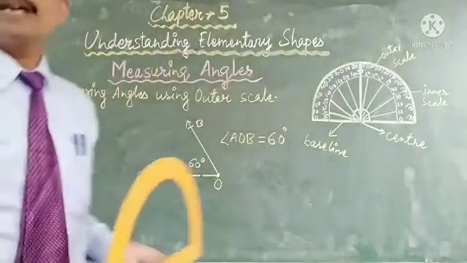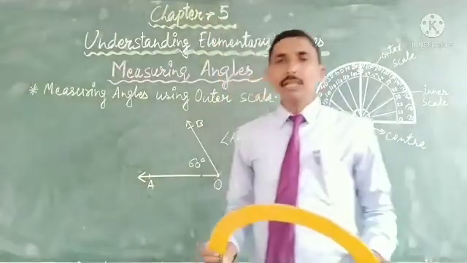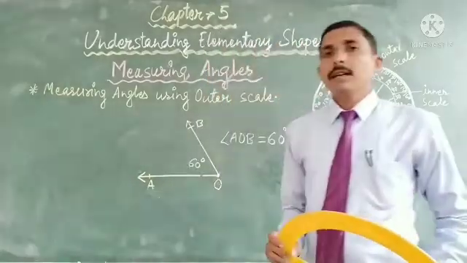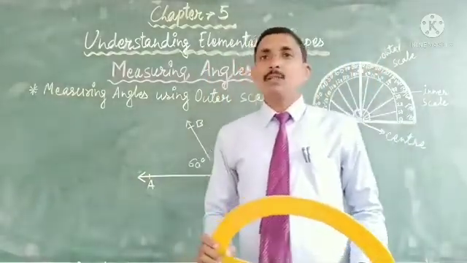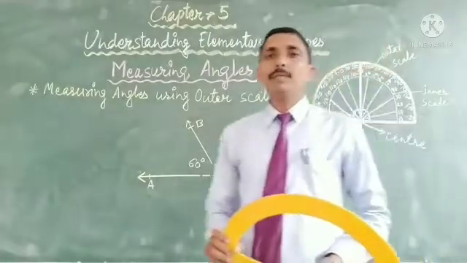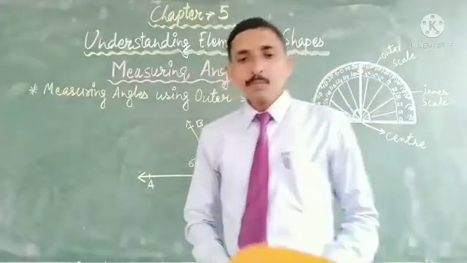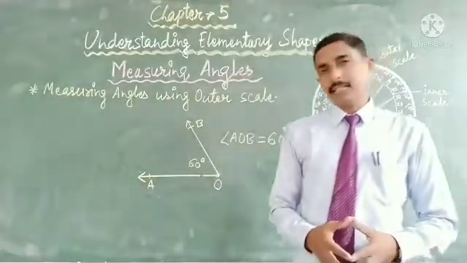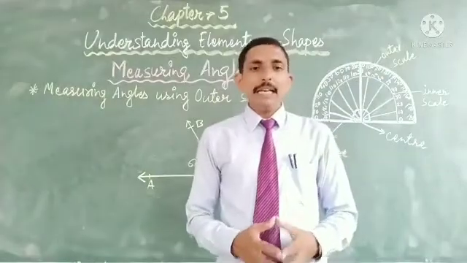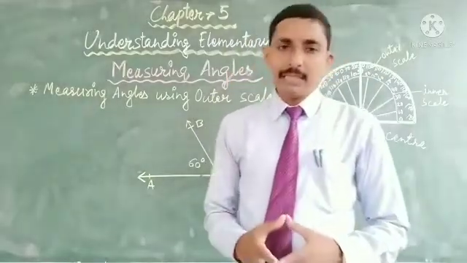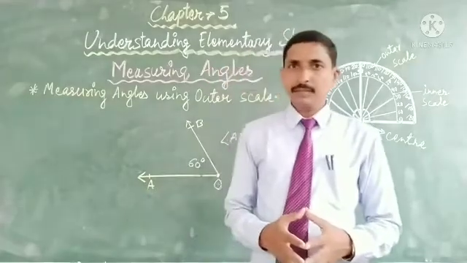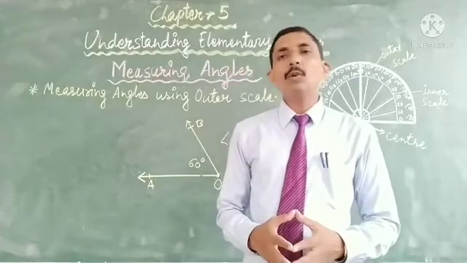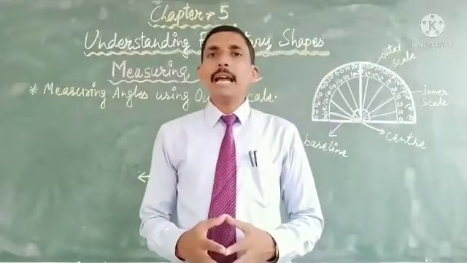So in this way, by using the inner scale and the outer scale, we can measure angles using a protractor. For that we have to know in which direction the vertex is from the baseline. If the vertex is to the left of the baseline, then we use the inner scale, that is anti-clockwise direction, to measure the angle.